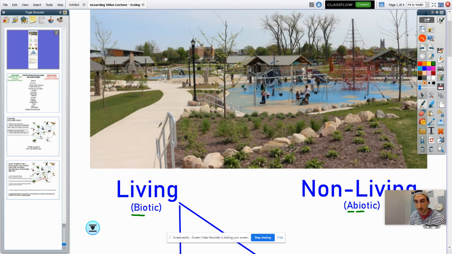So if one of these things were removed, it would be filled in by something else in that ecosystem, right? Like if you took away this abiotic rock, it might be filled in with more biotic bugs. I don't know. But all of these things interact with each other in small ways that you might not even realize, right? For example, you remove this tree and you inadvertently remove other things as well.